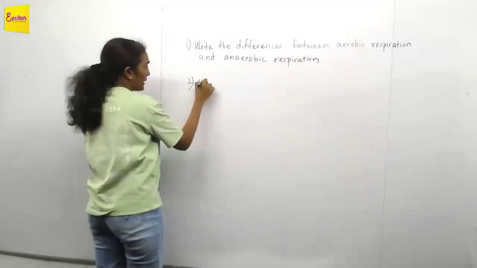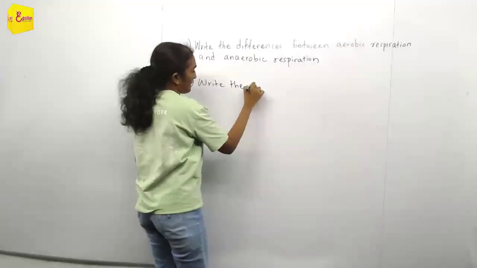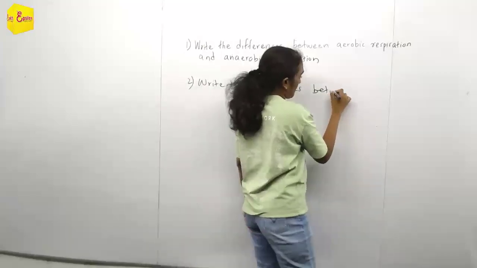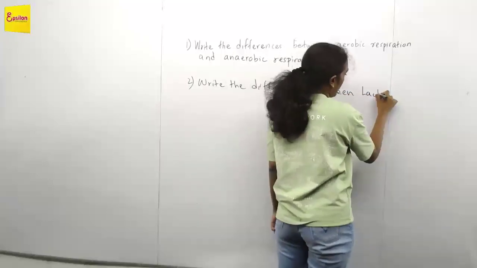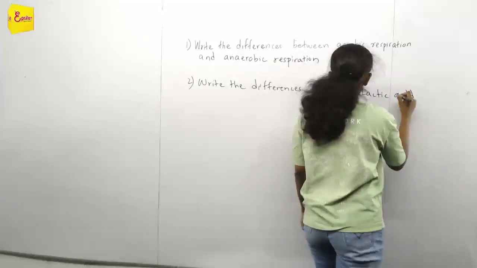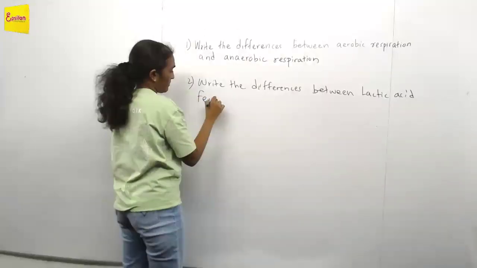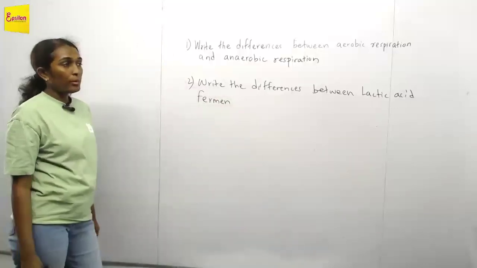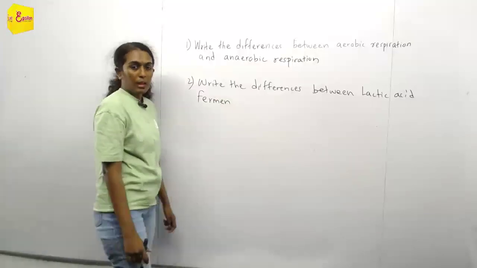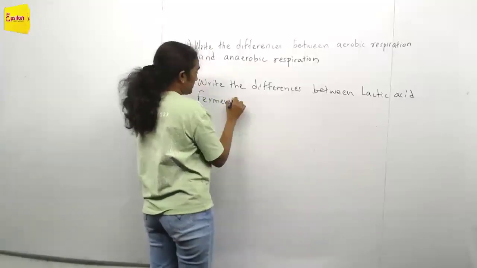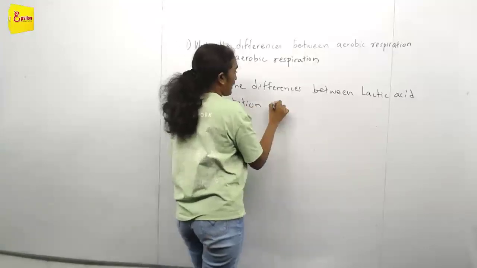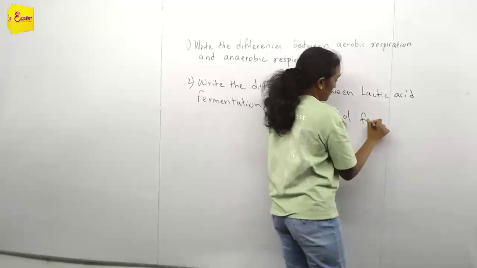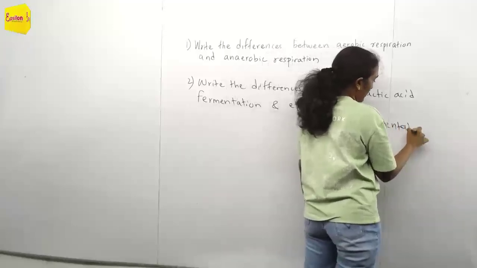Number 2, write the differences between lactic acid fermentation and ethyl alcohol fermentation. Just 4-5 lines. Quickly write the answer.